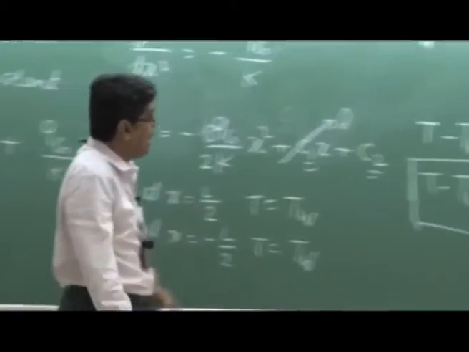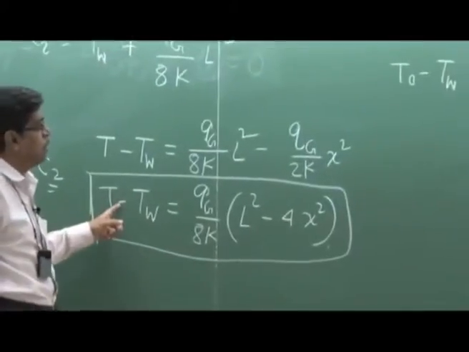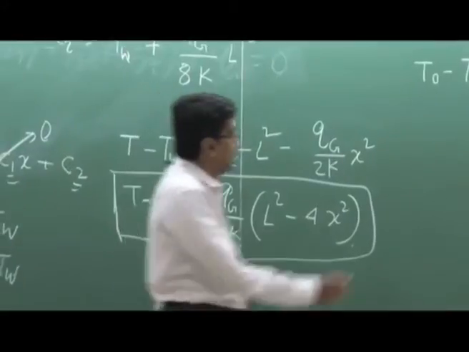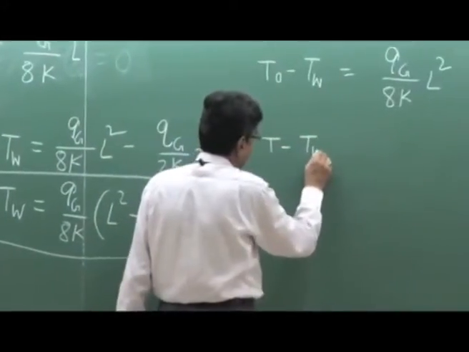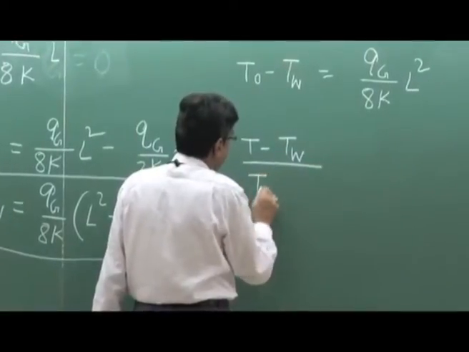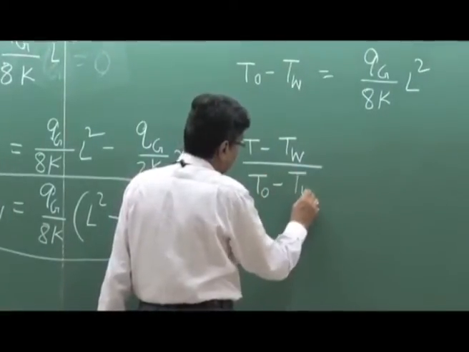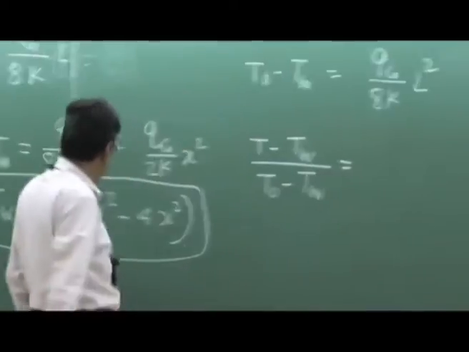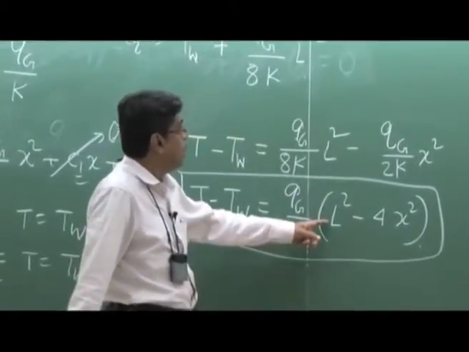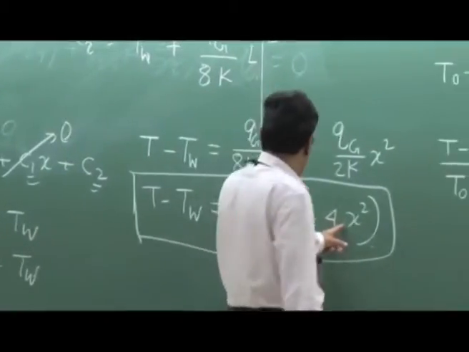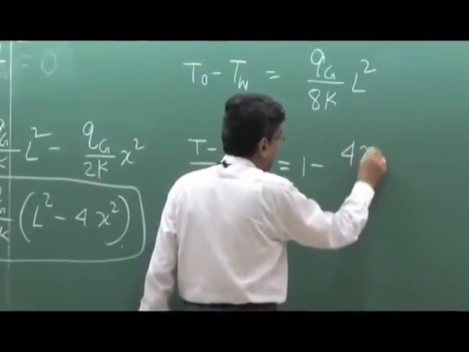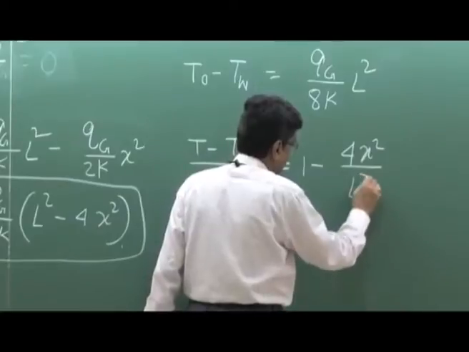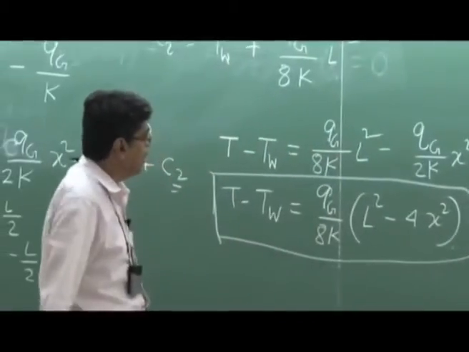We can express the temperature distribution in a normalized fashion like this: T minus TW divided by T0 minus TW is equal to L square minus 4x square divided by L square, that is, 1 minus 4x square by L square. This is one way of expressing this in a normalized fashion.